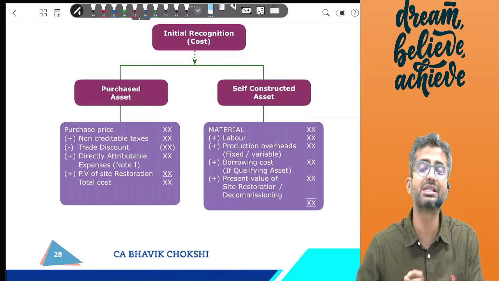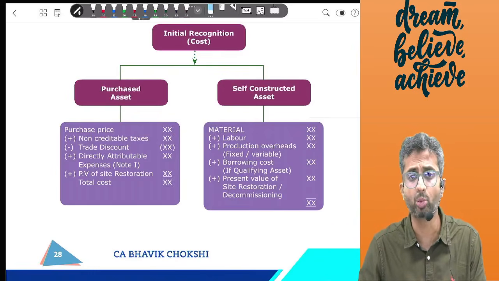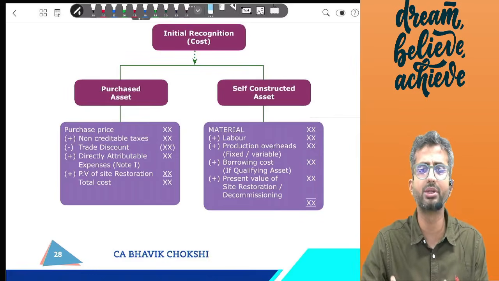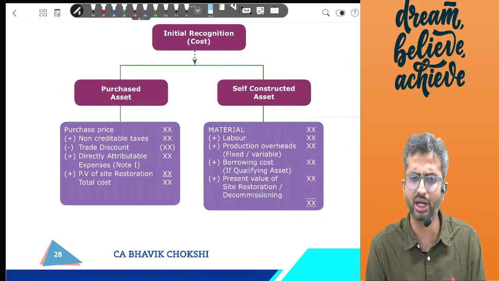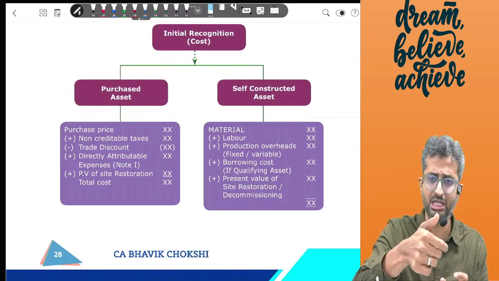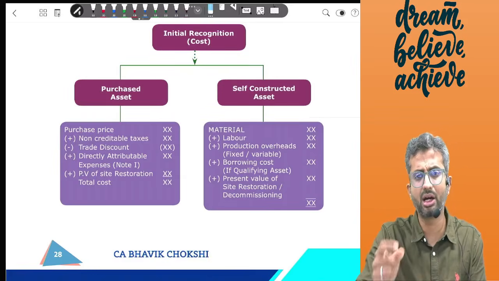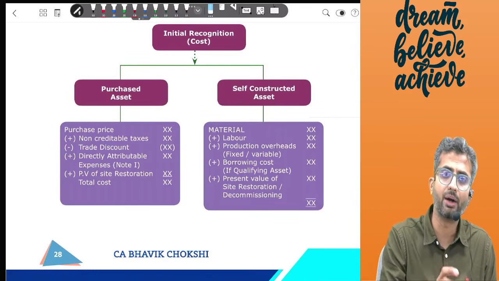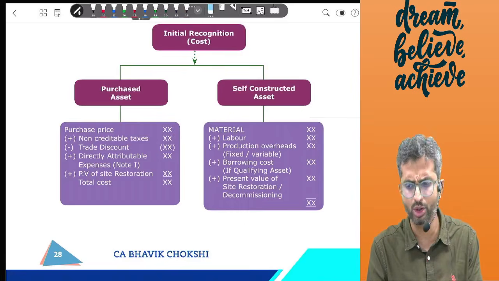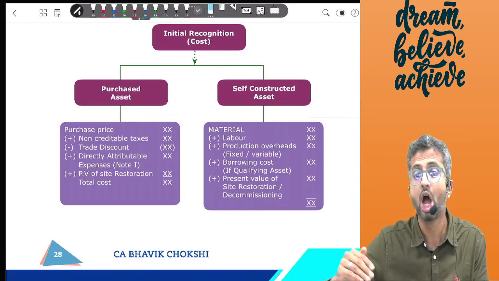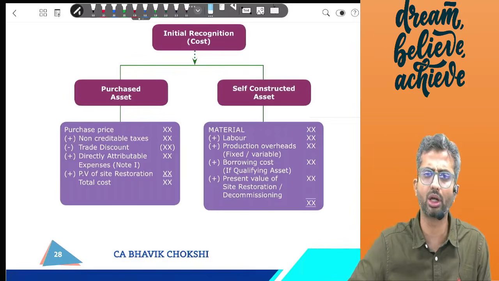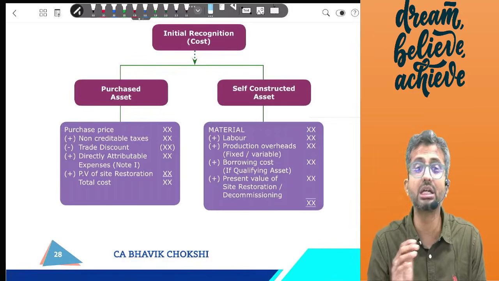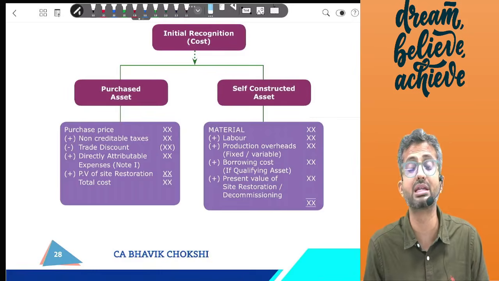So the proceeds that you get on selling that output are directly attributable, and pre-production testing minus any proceeds from selling the products will be the net amount added to the cost. So long story short, if there is any income from selling a product from pre-production testing, that is a directly attributable income and has to be reduced.